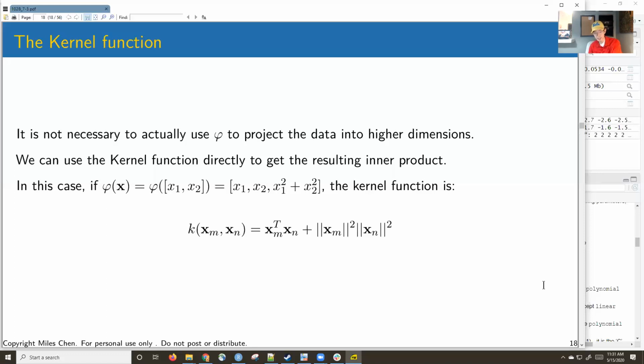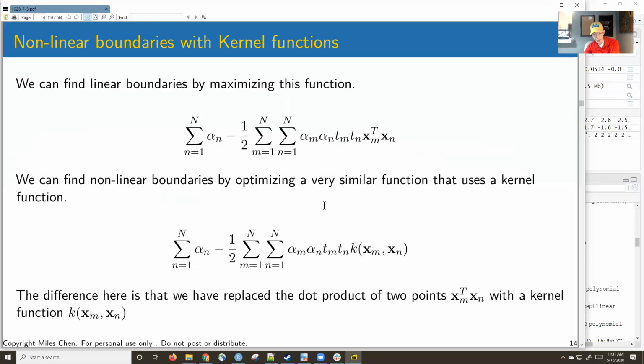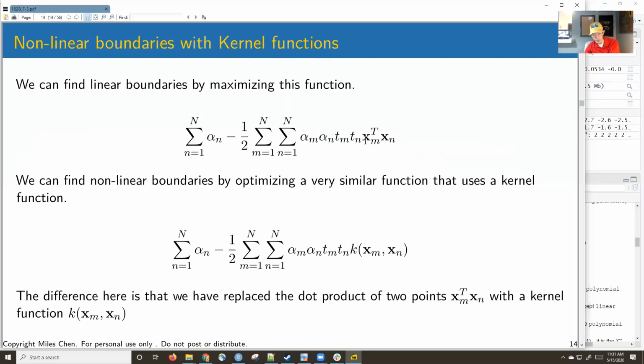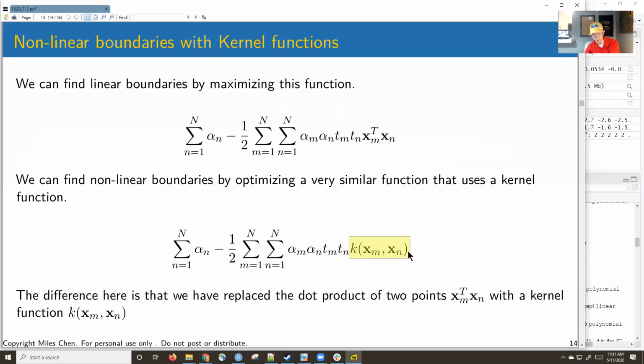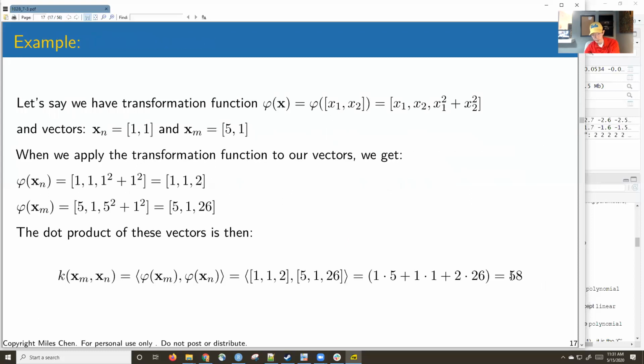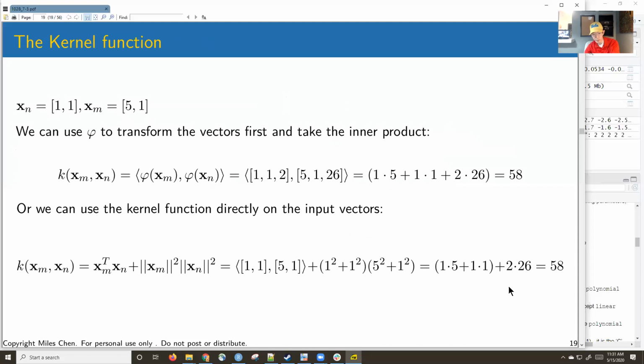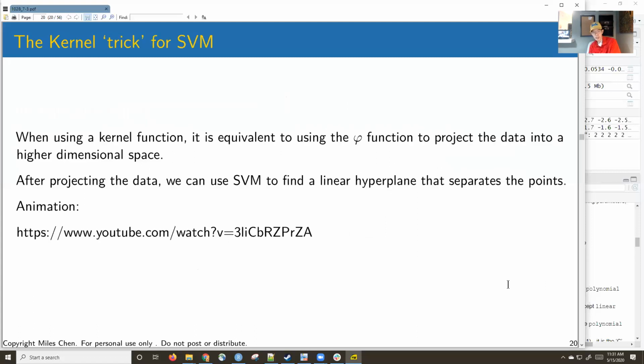The point is that here we can replace the expression in our optimization problem with a kernel function. And we're going to use these values, this value 58 or whatever it is, to figure out what alpha I need to use. So why is this useful?